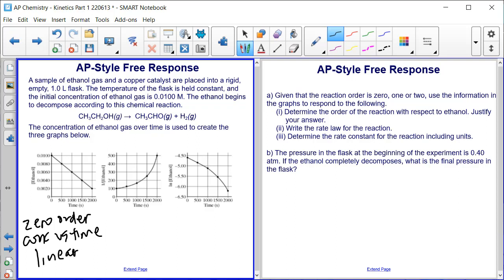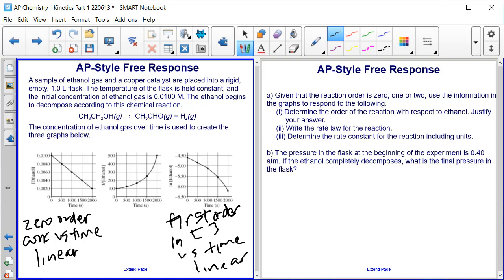For a first order reaction, a graph of the natural log of concentration versus time is linear.